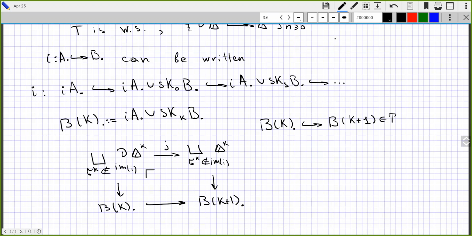Oh yes, it is actually my mistake in the notation. It's actually a push-out.